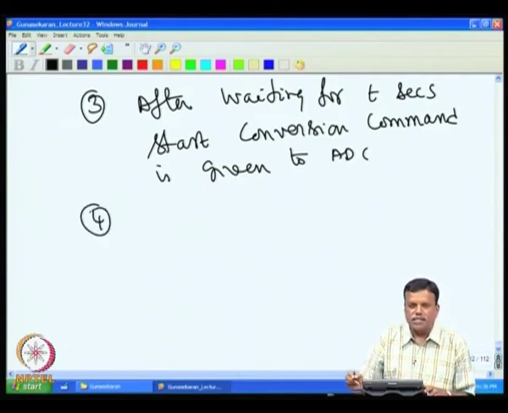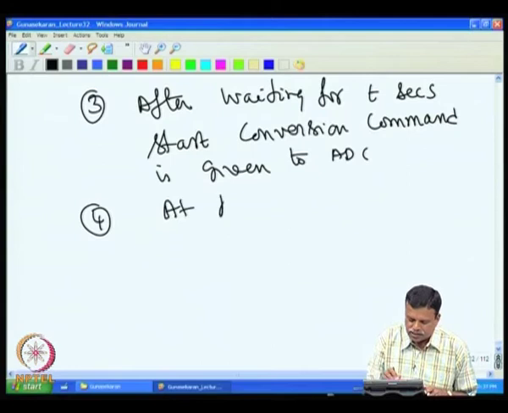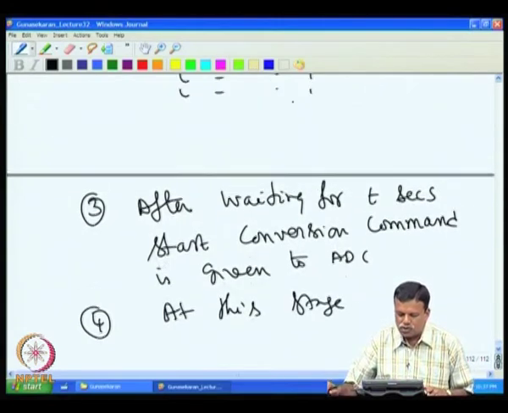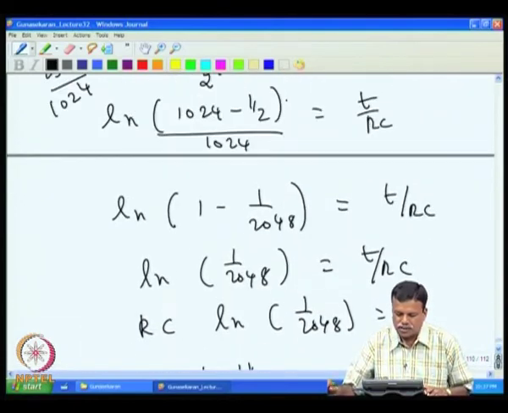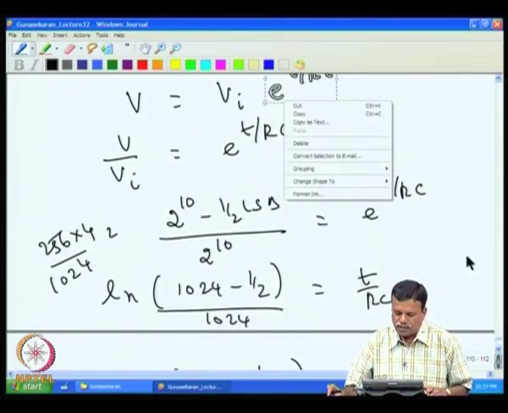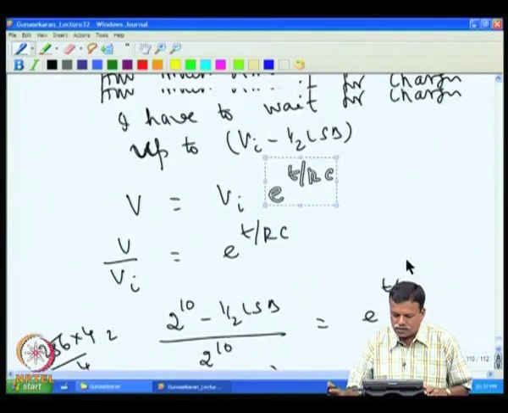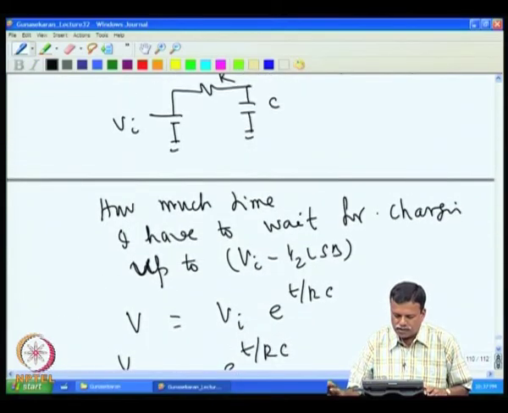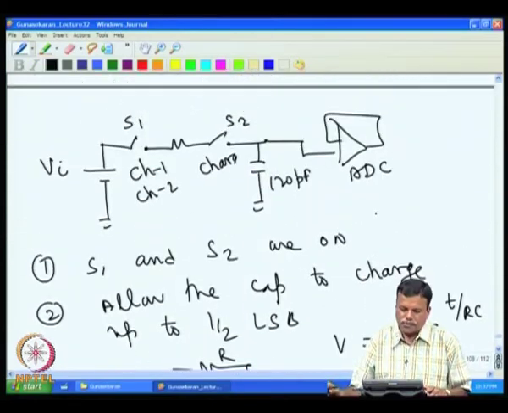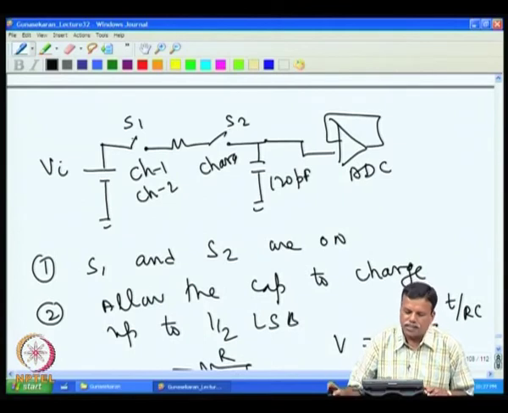At this stage, once the start conversion command is given, the switch S2 is switched off and disconnected.